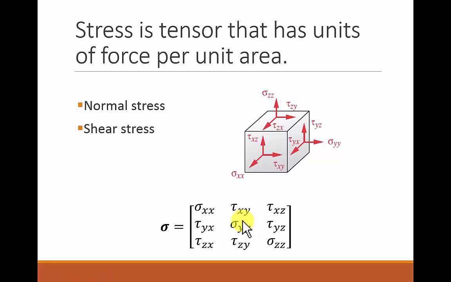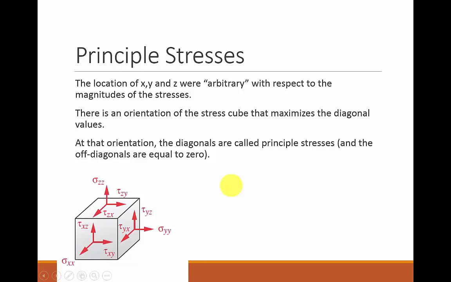Okay, so with that as a reminder of what the stress tensor is and what we're trying to do, let's talk a little bit now about the orientation of this cube. Remember, this cube is infinitesimally small, and the reason that I chose x to be in this direction is really, in some cases, somewhat arbitrary.